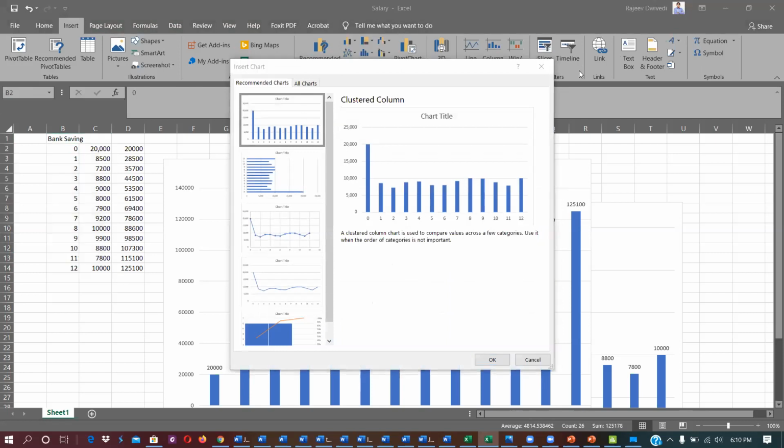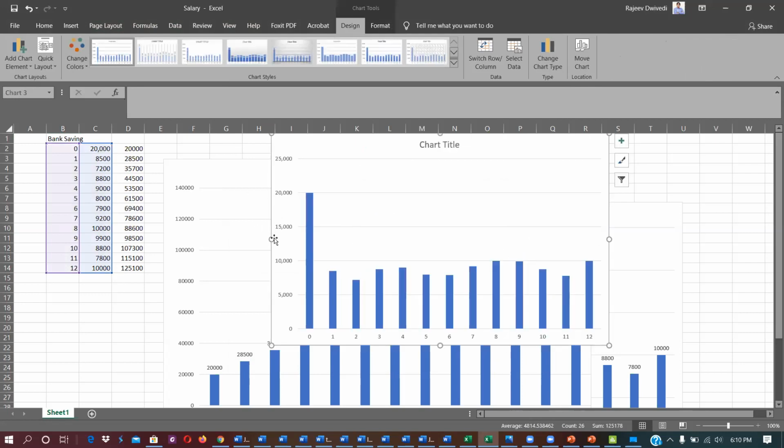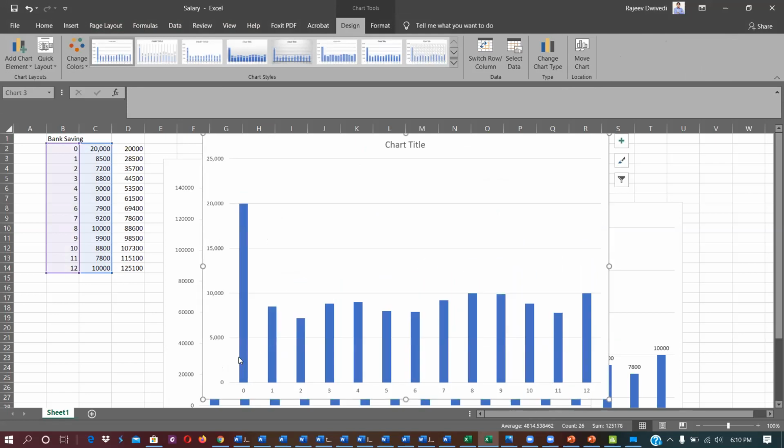Here you can see, this is called PDF or probability density function, because for the 0th month I can see 20,000, for the first month January I can see, February I can see, all the way to December. So this is individual month saving. Even before starting saving I have a deposit. This is called PDF.